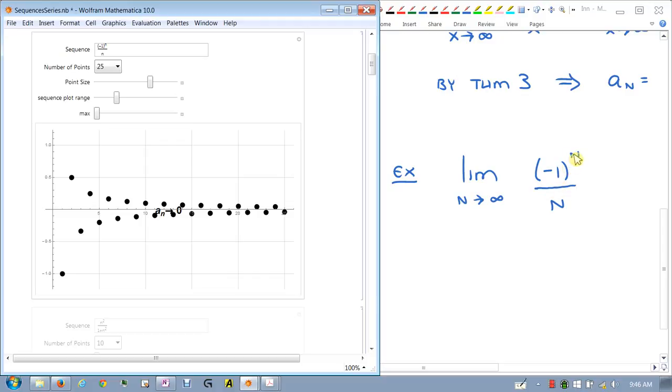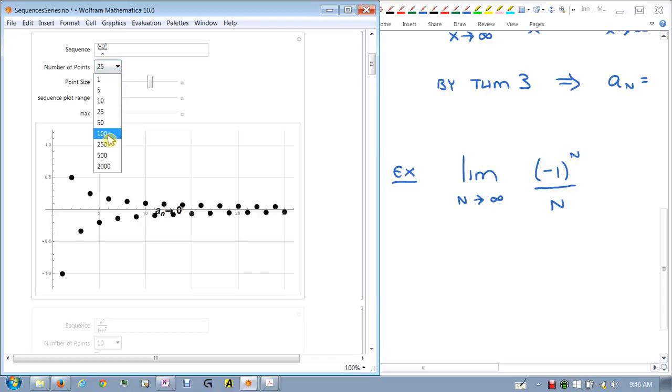I plugged in 2, I got a 1 on top, and 2 on bottom. So I had -1, then I have 1/2. The next one's going to be -1/3, then +1/4, right? -1/5, positive. So it's alternating back and forth between positive and negative numbers, but these numbers are getting smaller, right?